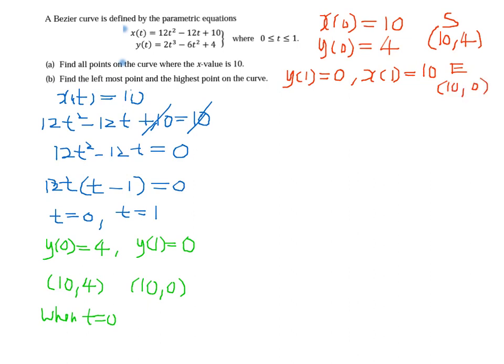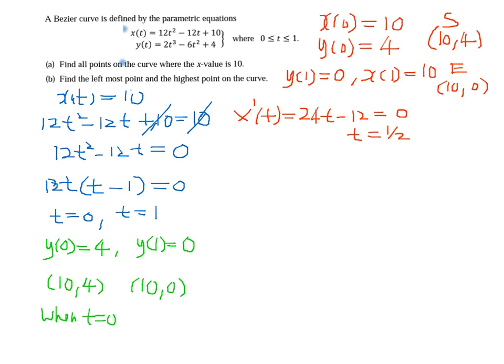Now, what we want to do is find the leftmost point, rightmost point, highest point, or whatever we need. We just differentiate x(t), which in this case is 24t minus 12, set it to 0 and find the t value, and it will be a half.